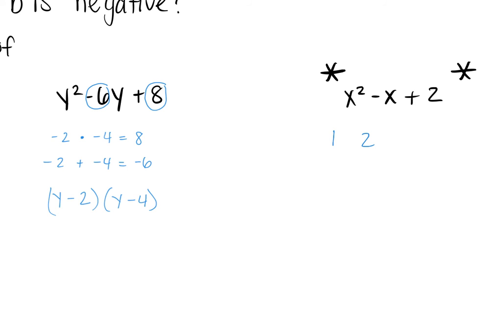So 1 and 2. If you multiply these together, it doesn't matter which combination you use, whether they're both negative or both positive, this will give you 2, right? But negative 1 plus negative 2, that gives us what? Negative 3. Is that what we're looking for? No.